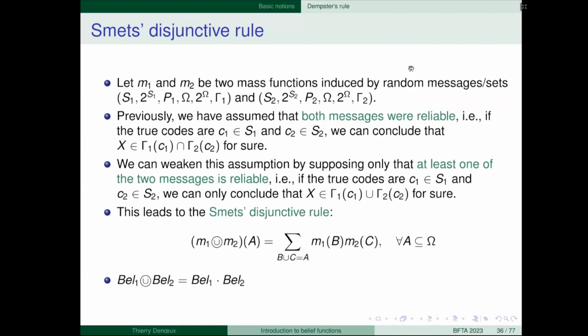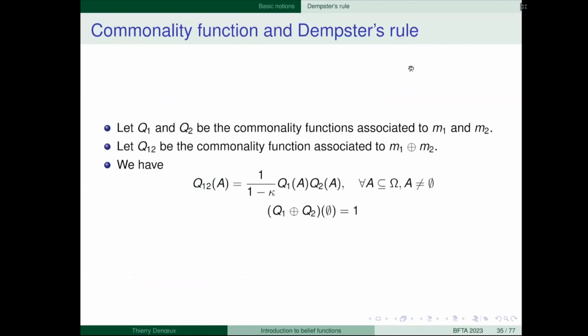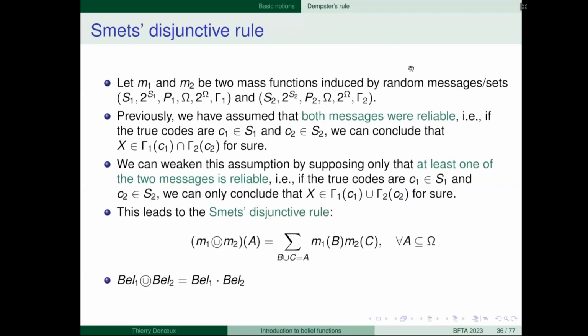And you have this. Intuitively, you see there is some kind of duality between this disjunctive combination and Dempster's rule. And here we can show that the belief function corresponding to M1 combined disjunctively with M2 is the product of the belief functions of M1 and the belief functions of M2. So you have a similar equality to what you had with commonalities for Dempster's rule. Now here you have it for belief functions. So this operation is just taking the two belief functions and multiplying them pointwise.